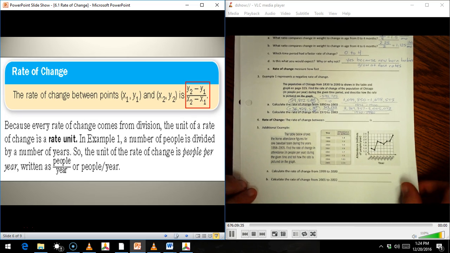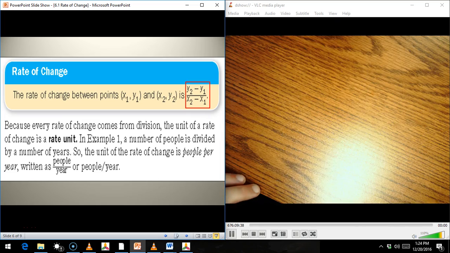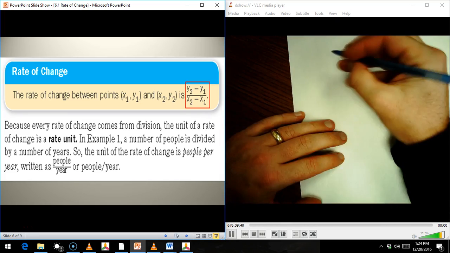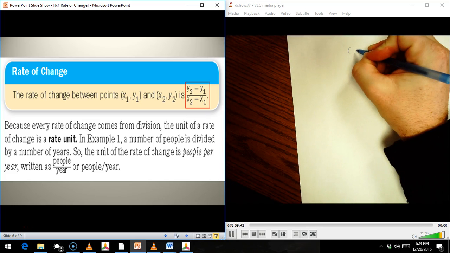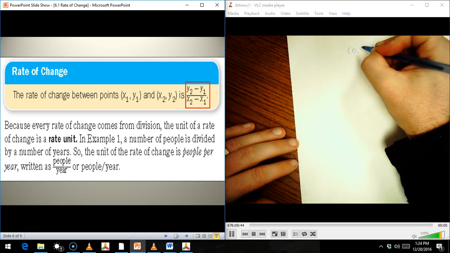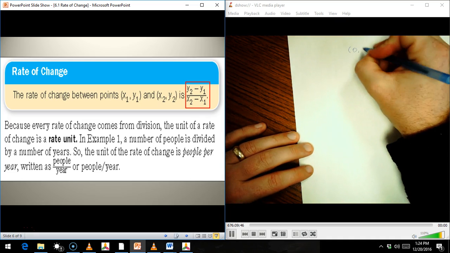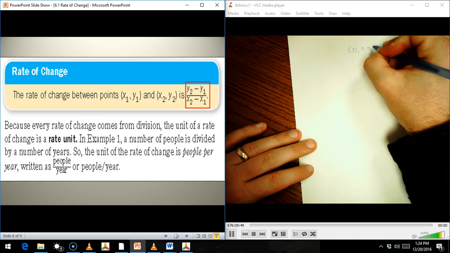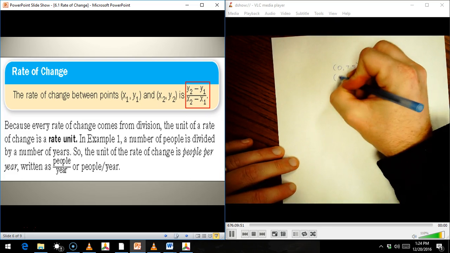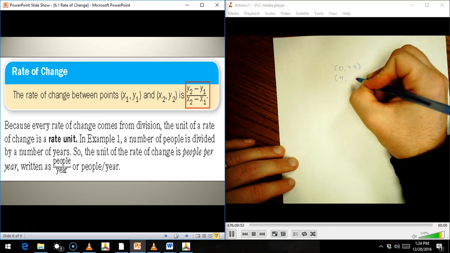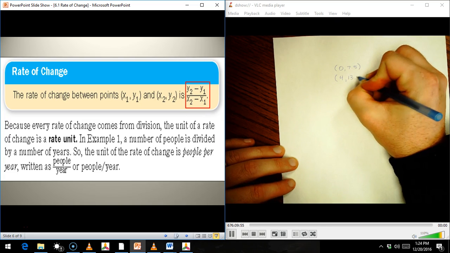with the births, or the birth of Joy, you could think of this as 2 ordered pairs. 0, which corresponds with 7.5, and then 4 corresponds with 13.5, right?